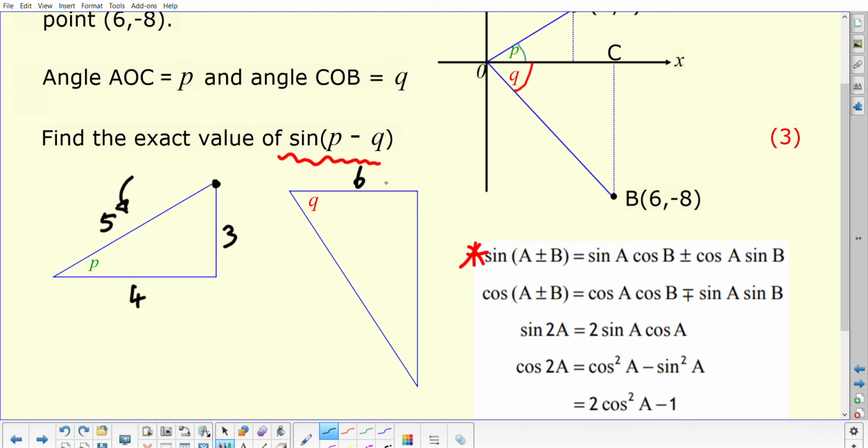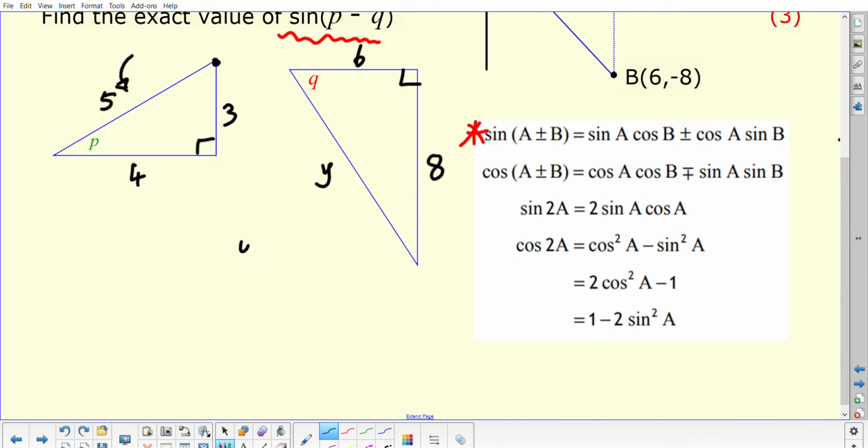Right, this one you've got 6. Now some of you put -8 on here. Remember, this is a length of a side. So a length of a side in a triangle can't really be negative. So the -8 is to position this point relative to the origin. It's 6 along and down -8, but it doesn't mean that distance length. So if you need to, you would do the little Pythagoras.